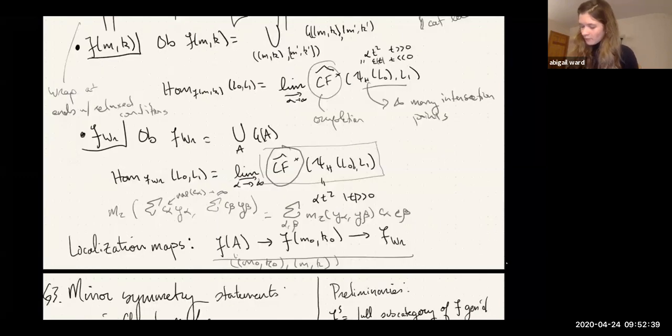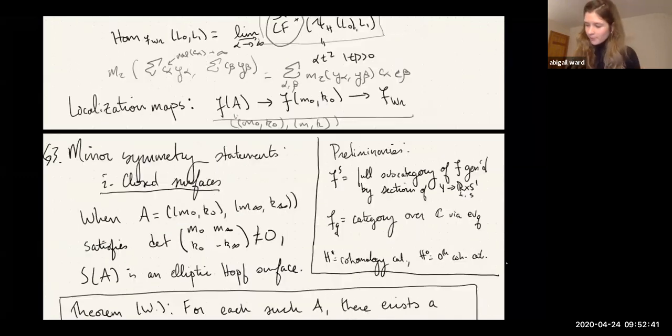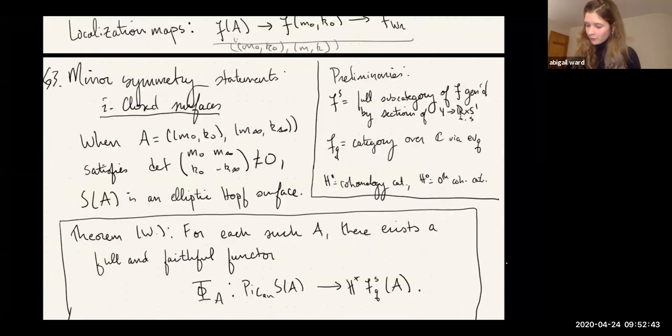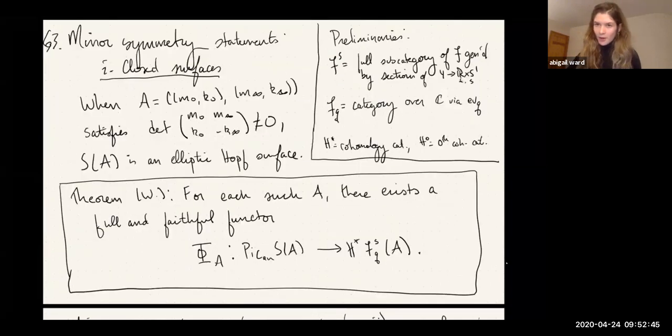Okay, so mirror theorems, meaning statements. The first theorem is about mirror symmetry for the closed surfaces. First of all, this is not a theorem by me, but this part is.